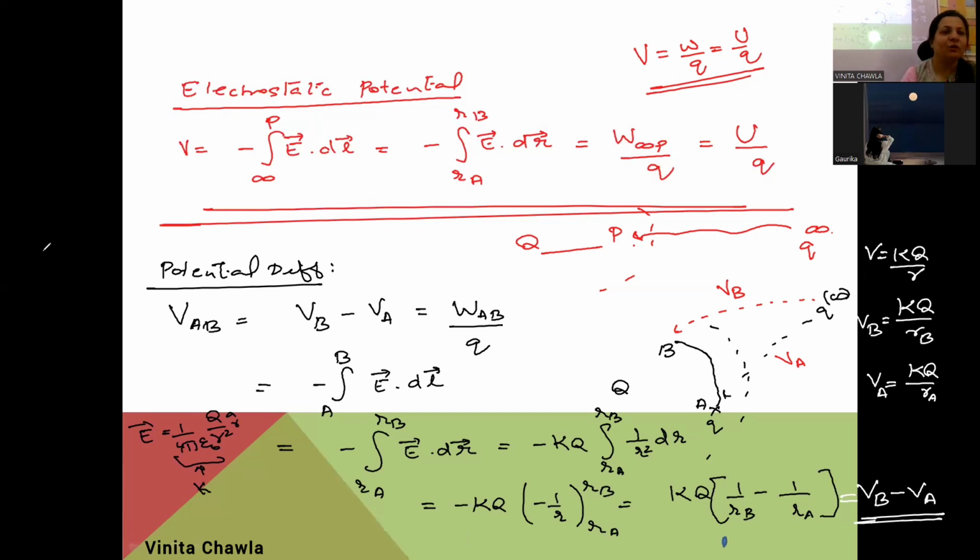So can you define 1 volt? Because as we know that V is W by Q, right? What is 1 volt? Gaurika, can you answer?